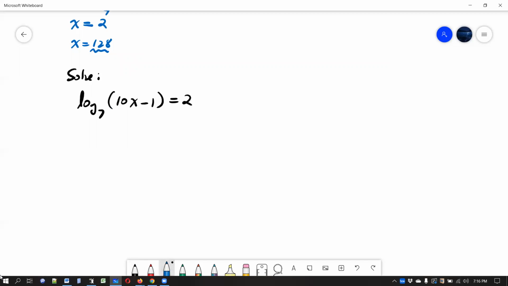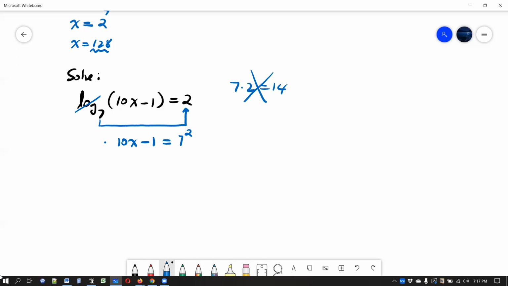So all I need to do is move this base to the right side. The log will disappear. I'm left with 10x minus 1 on the left and 7 to the power of 2. Do not confuse 7 times 2, which is 14. This is wrong. 7 squared.